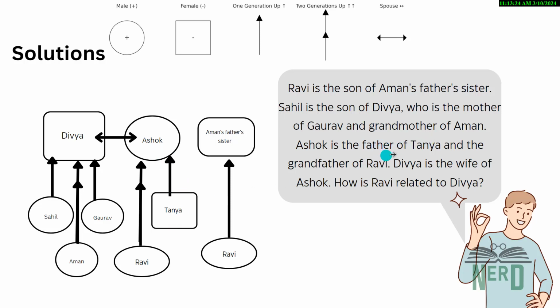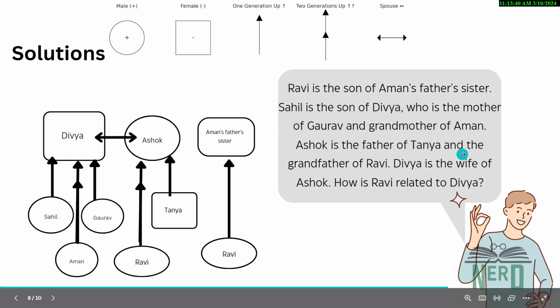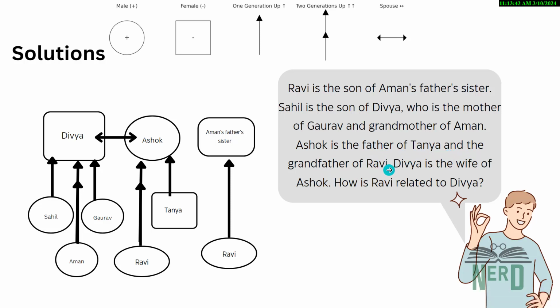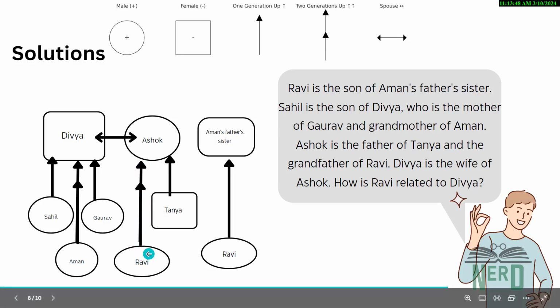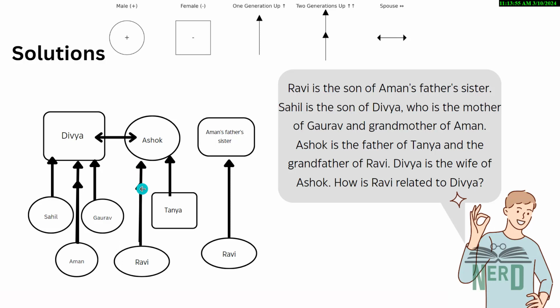And then the next clue also says the grandfather of Ravi. So grandfather, two arrows up, we write Ravi in a circle, and represent that family tree with two arrows up, right?